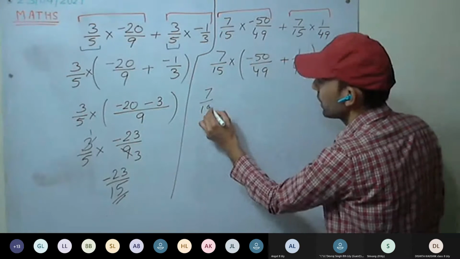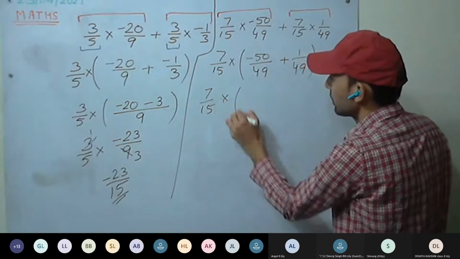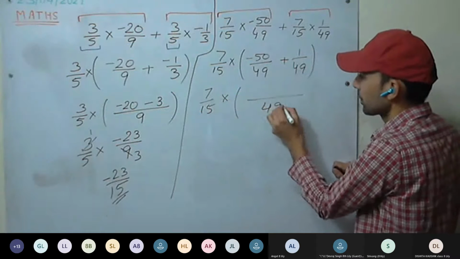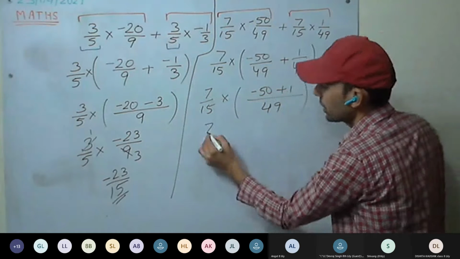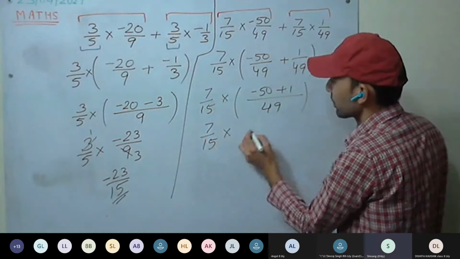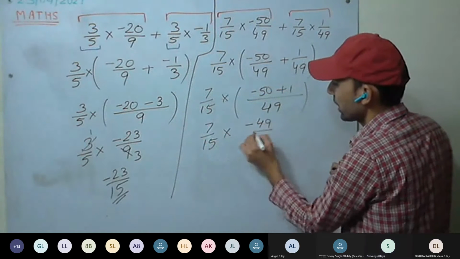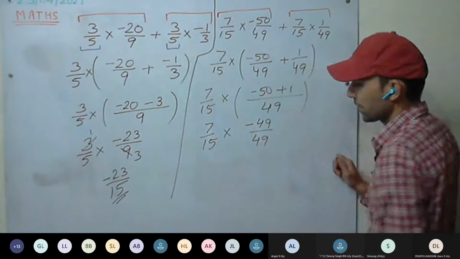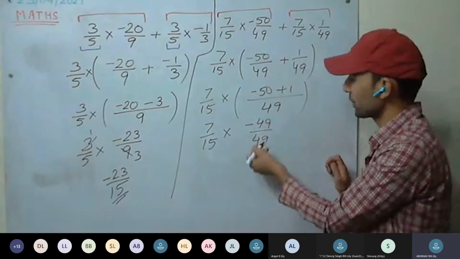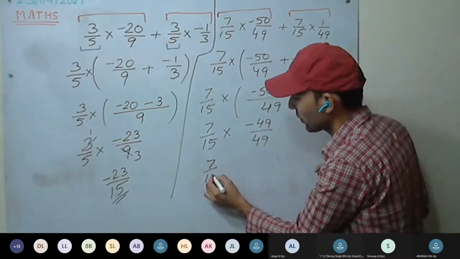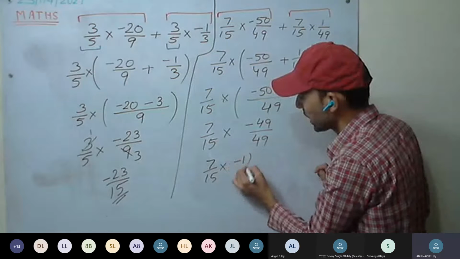Okay, 7 upon 15 into 49. Okay, minus 50 plus 1. It is very easy. 49 by minus 49 here by 49. We will cut them and we get minus 1. 7 upon 15 into minus 1.